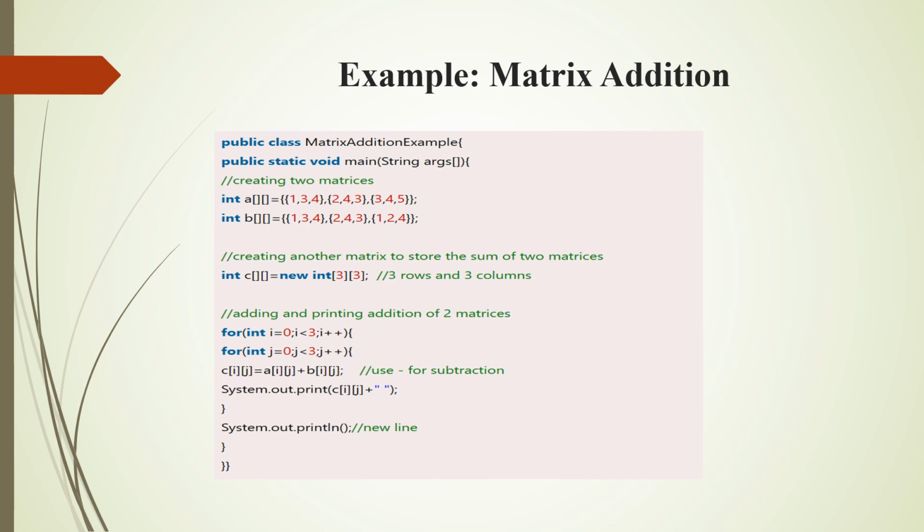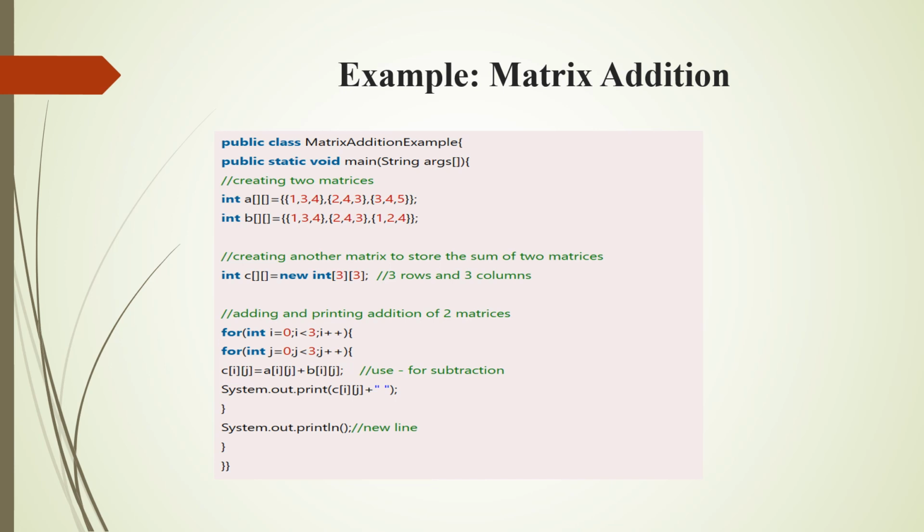After we give values for the first two arrays, we declare the resultant array, named C. So here C is equal to new int[3][3], the same size we used in A and B, a 3 by 3 matrix. The same size should be used in the resultant array.